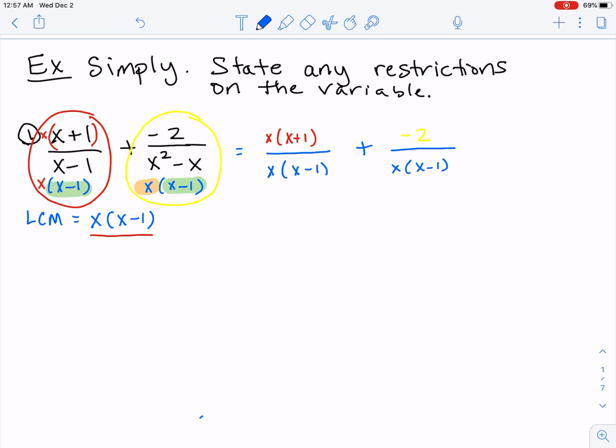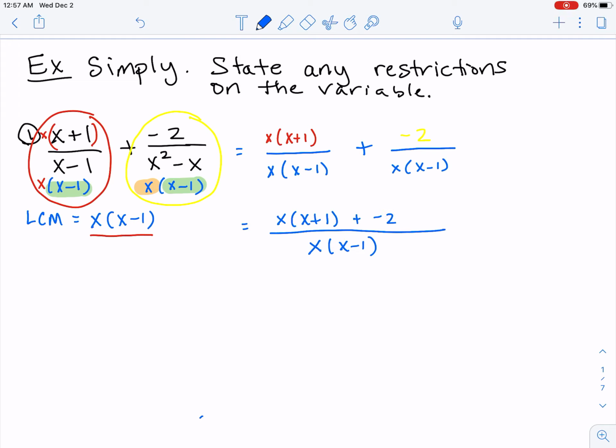All right, so after I have rewritten the expression, I'm going to add or subtract the numerators and combine like terms. So the denominator is x times x minus 1. And I have x times x plus 1 plus -2.